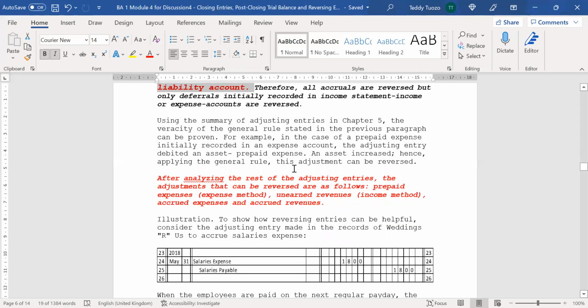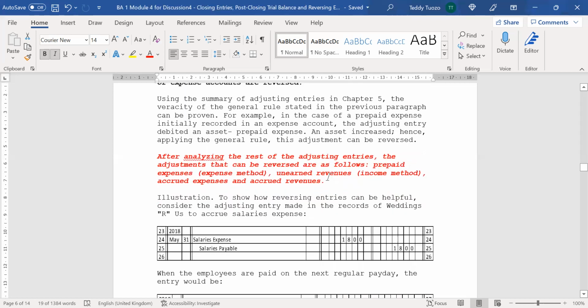Using the summary of adjusting entries in Chapter 5, the veracity of the general rule stated in the previous paragraph can be proven. For example, in the case of a prepaid expense initially recorded as an expense account, the adjusting entry was debiting the expense and crediting prepaid expense. An asset increased here, hence applying the general rule, this adjustment can be reversed.